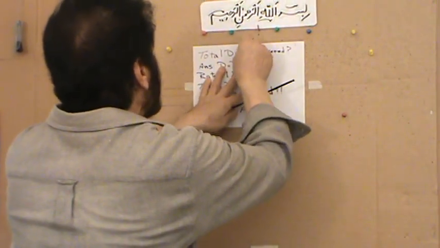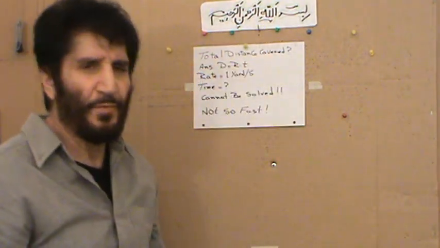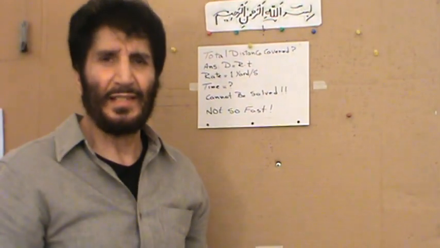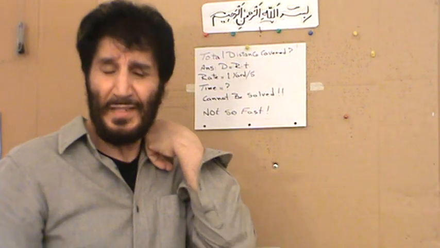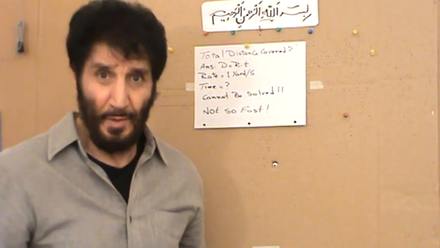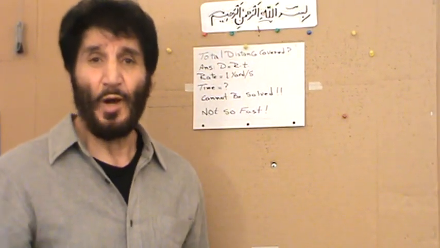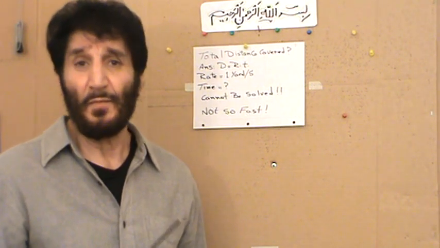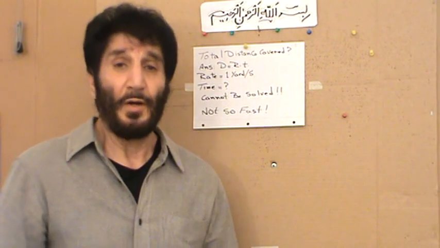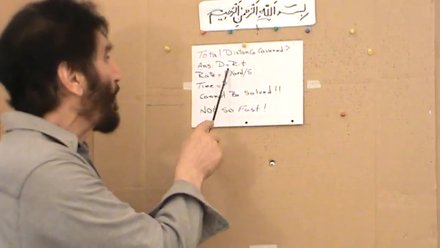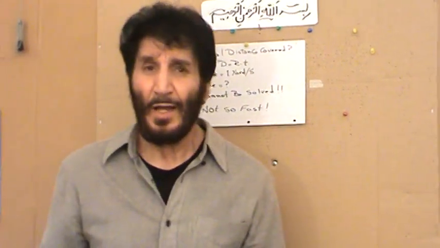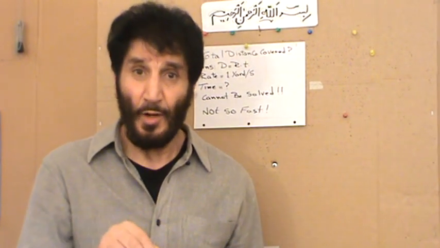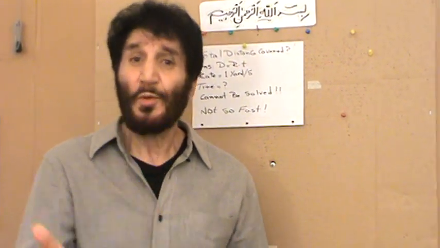Now, how do we find the distance? We want to know how far the frog has jumped, the distance the frog has covered. Distance equals rate times time. We know that formula from driving a car; we have been exposed to distance equals rate times time all of our lives. We know the rate of the jumping of the frog, but we don't know the time.